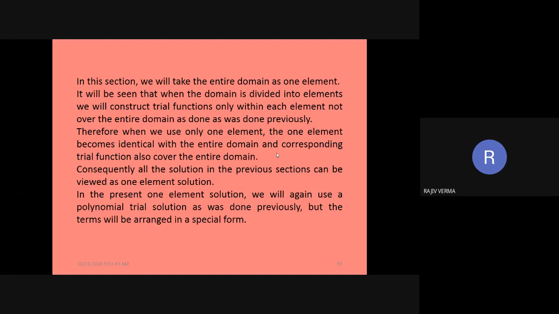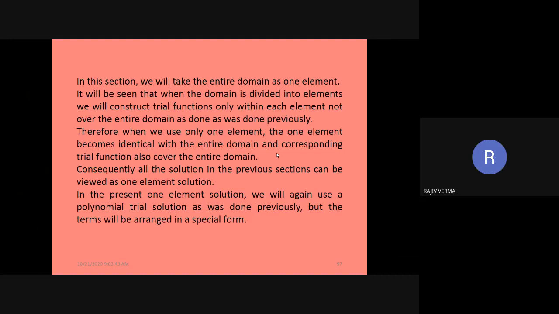In the present one element solution, we will again use a polynomial trial function as was done previously, but we will arrange this particular polynomial in an alternate form.